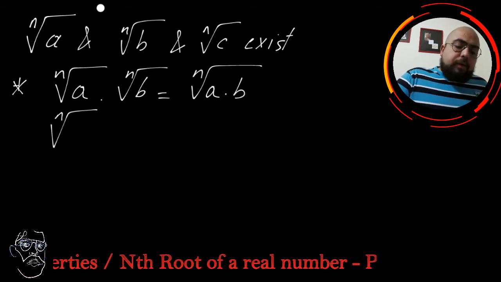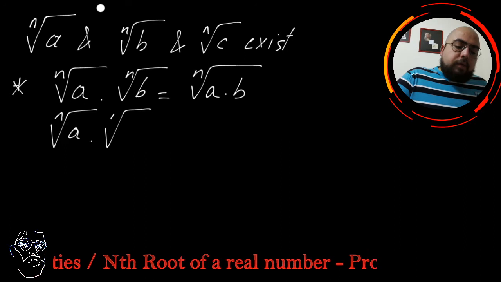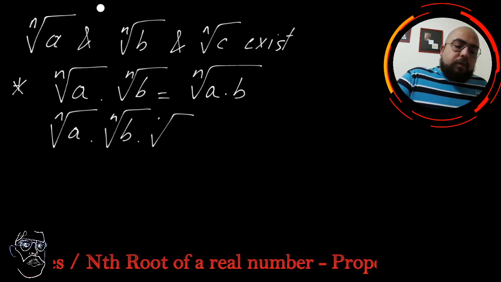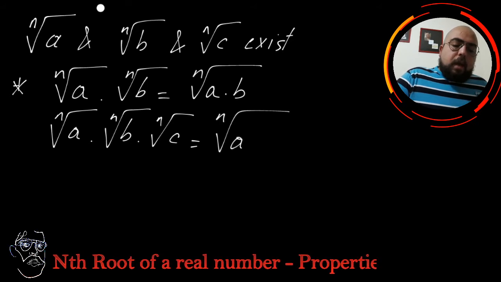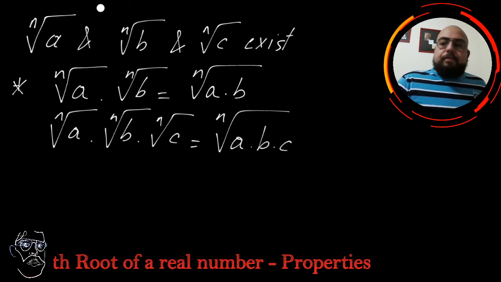Similarly, the nth root of a times the nth root of b times the nth root of c is equal to the nth root of a times b times c.